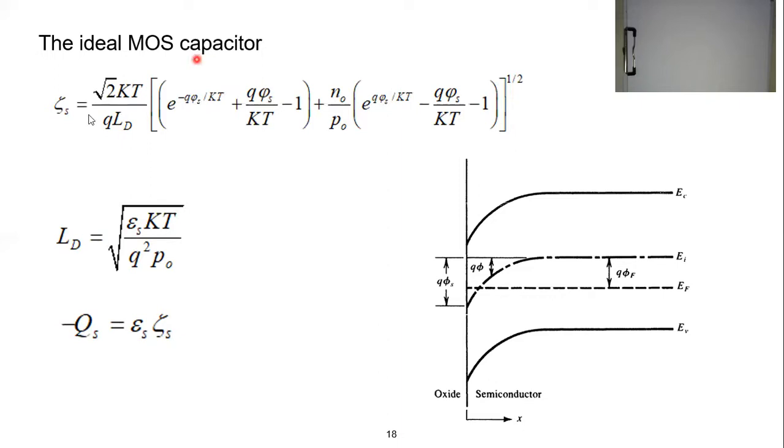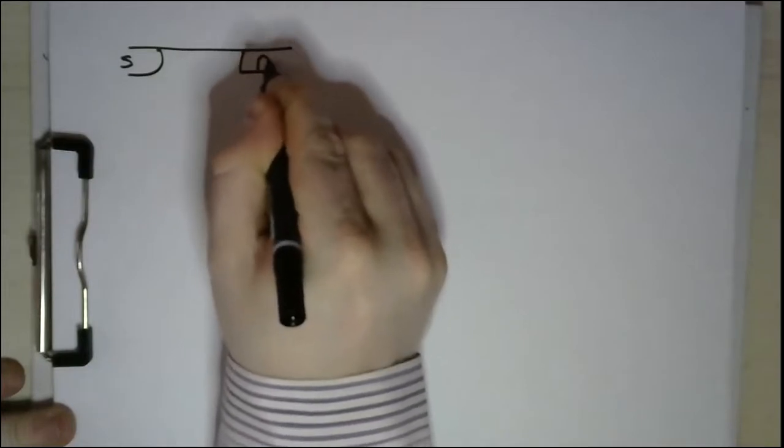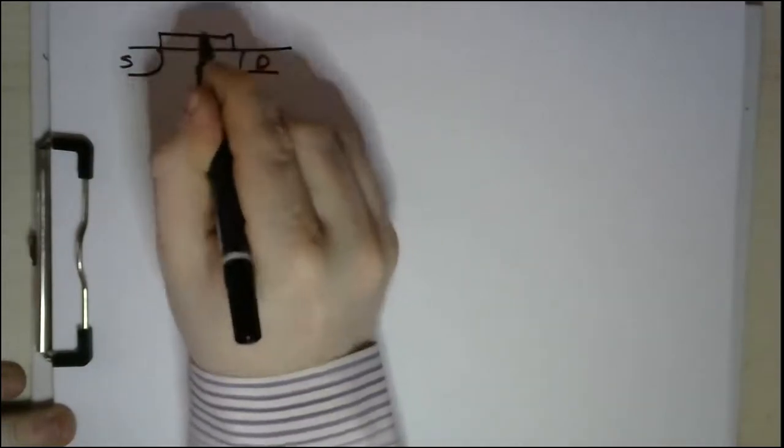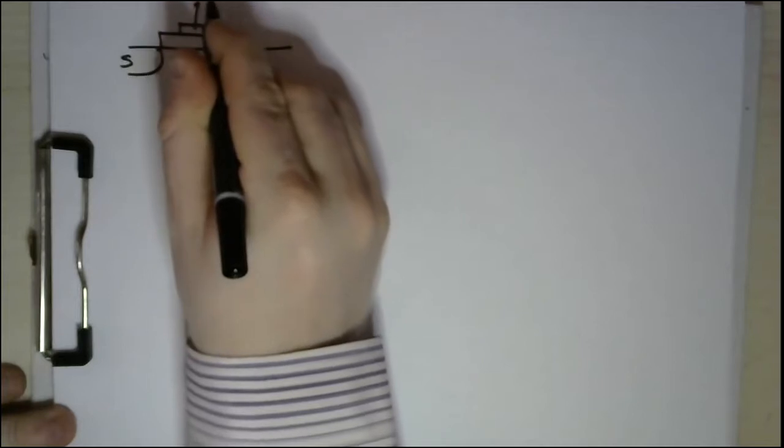So what we are going to do now, my dear students, is that we have our MOSFET here: source, drain. This is the oxide, this is the metal, and this is the voltage applied to the gate, VG.